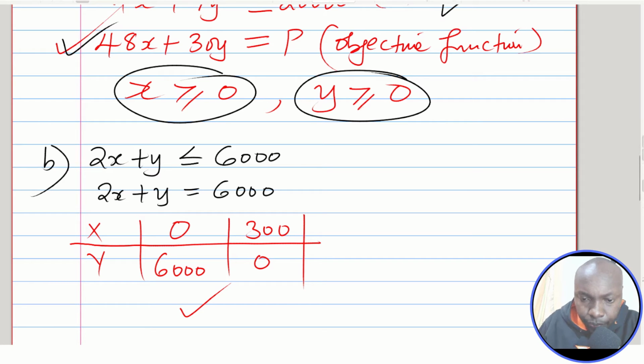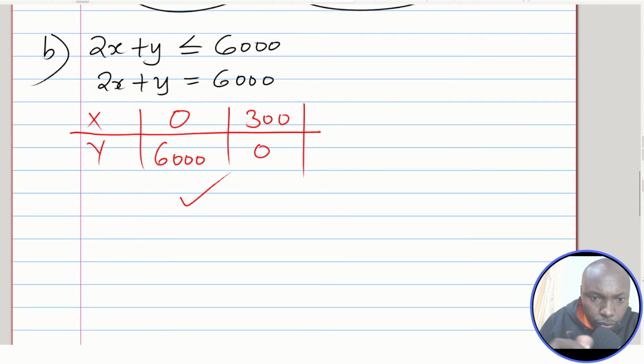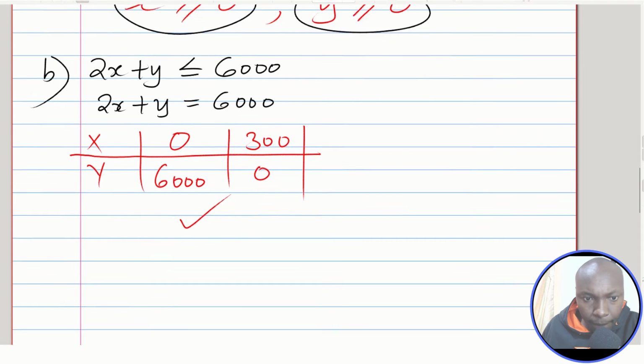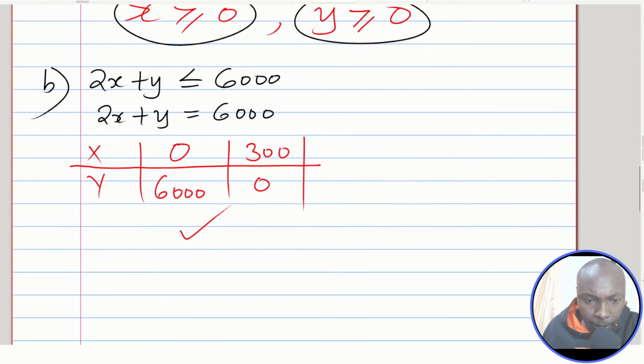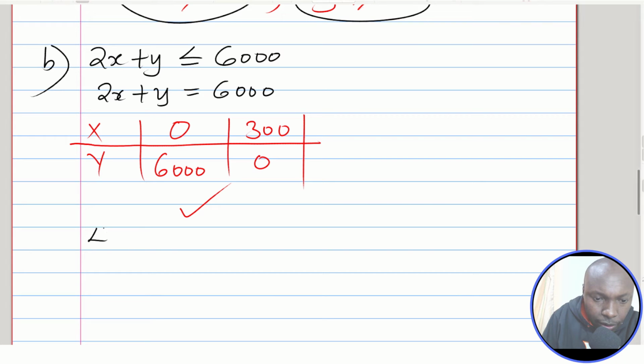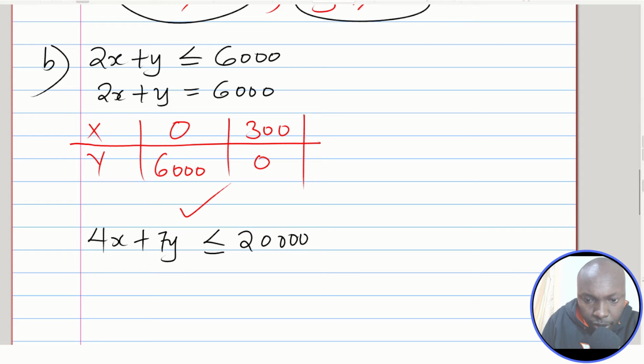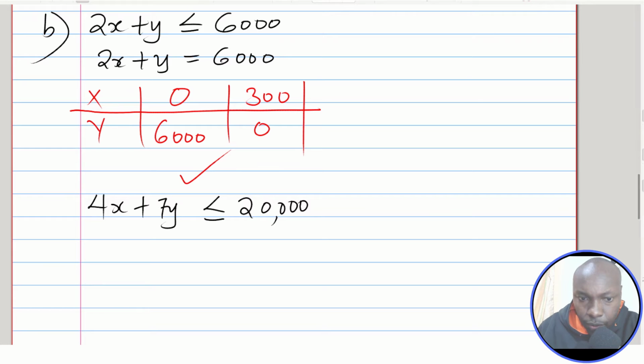Then from there we can go to the other equation, which is 4x plus 7y less than or equal to 20,000. Again, here we can just have any 2 points.